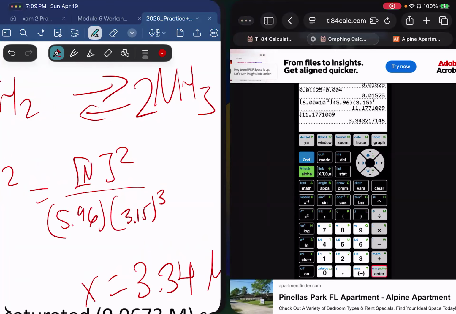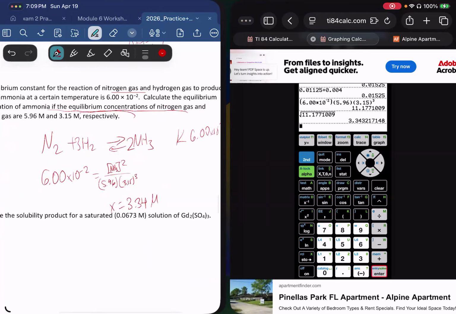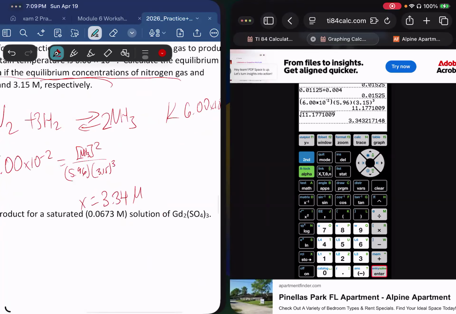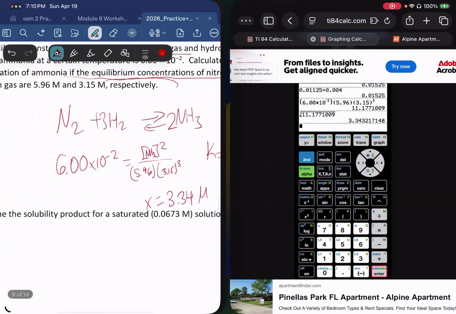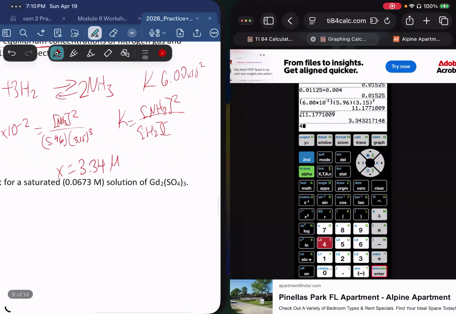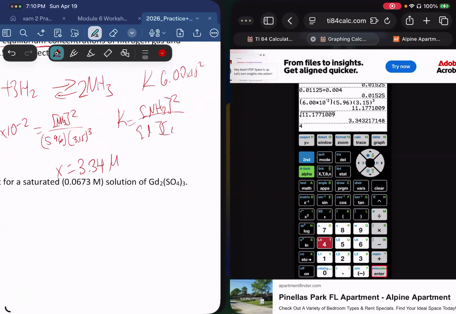It's really just ammonia. Because it's not an ICE chart, we're basically plugging into the expression, which is K equal to NH3 squared over N2 times H2 cubed.